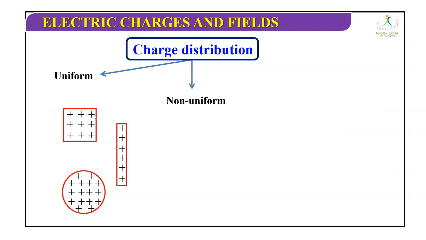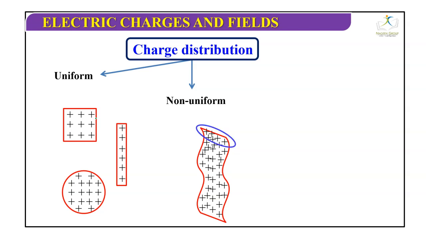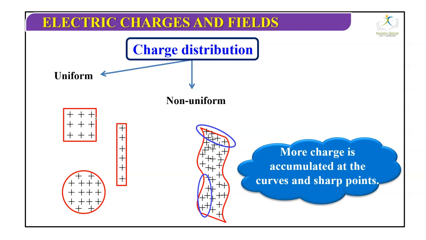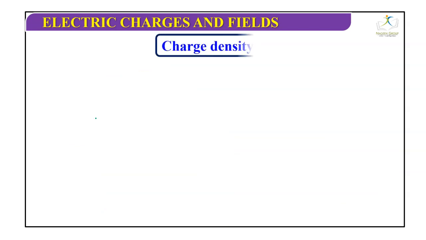Second, non-uniform. As you can see, there will be a particular space where the charge accumulates in a clouded way, like this. More charge is accumulated at the curved and sharp points. So this will be non-uniform.